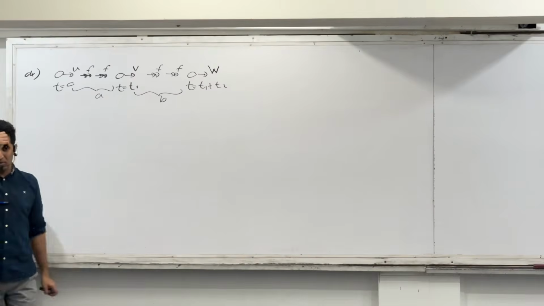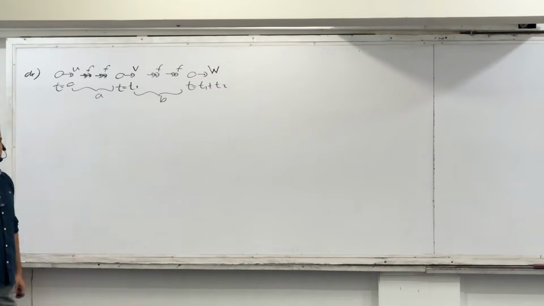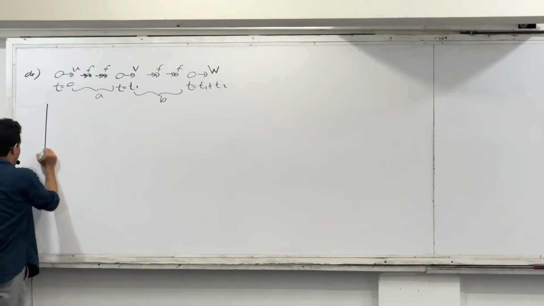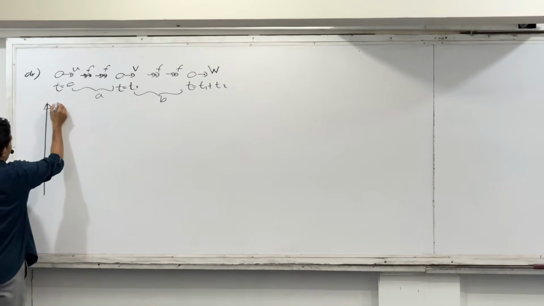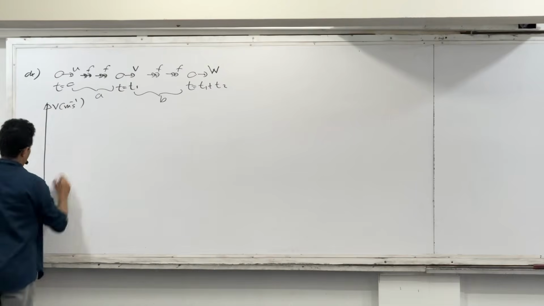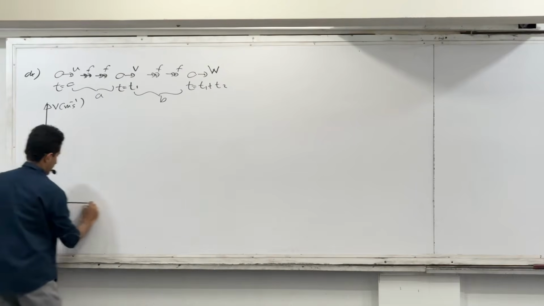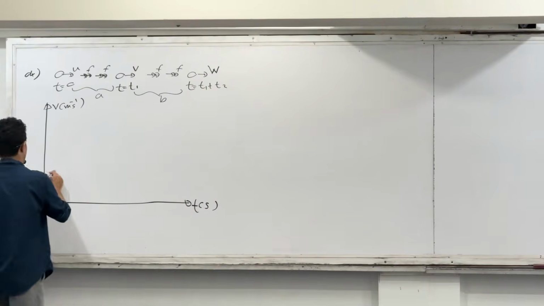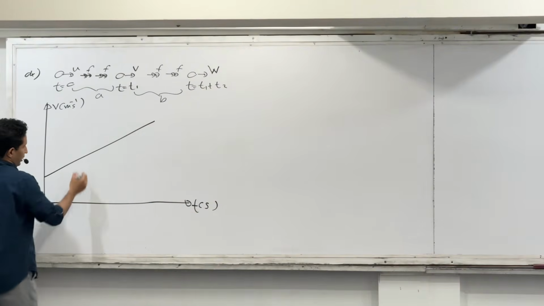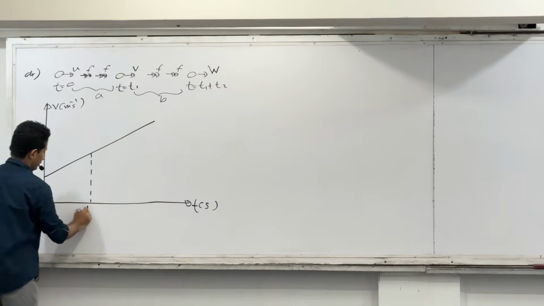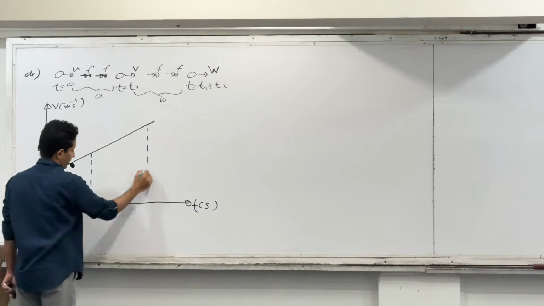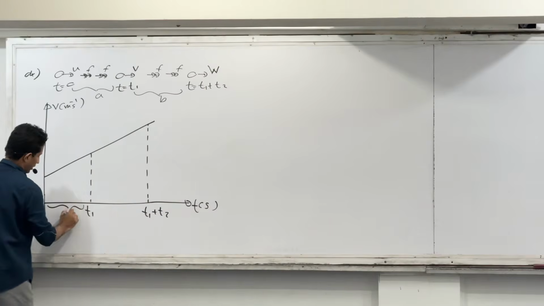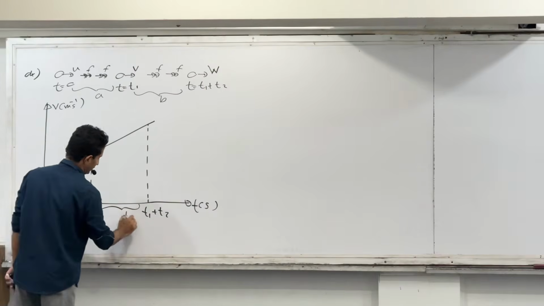Now, from the graph, you can explain this. From the VT graph, try to understand how the VT graph looks. V in m s minus 1 and t in seconds. It goes along a straight line. This is t1, this is t1 plus t2. This time is t1 and this time is t2.